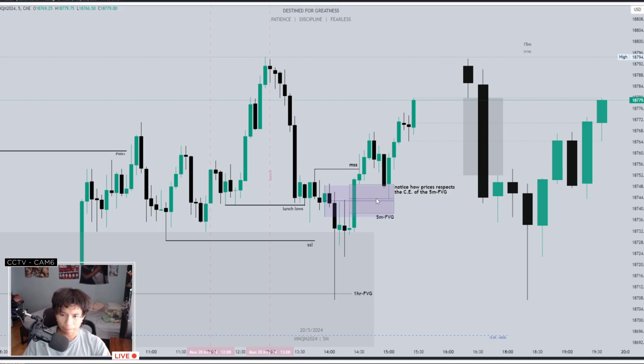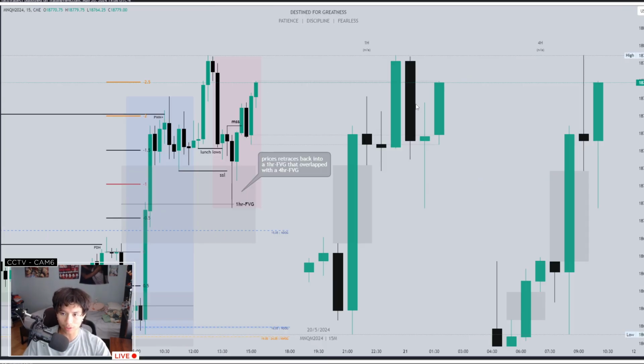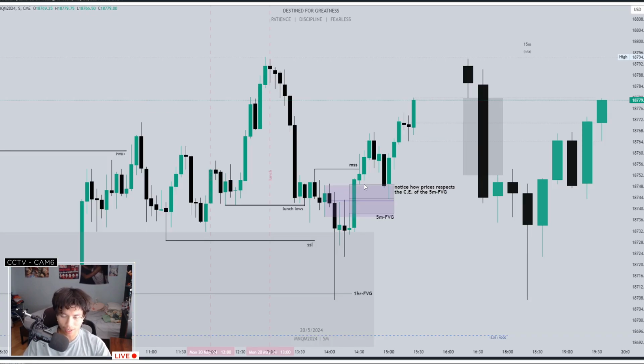All right, and like I said, you don't want to take the entry at the displacement leg. You always want to wait until the retracement leg, and the objective of this trade was to take out that previous hourly candle high, and you can enter at that 5-minute FVG and target the hourly high.